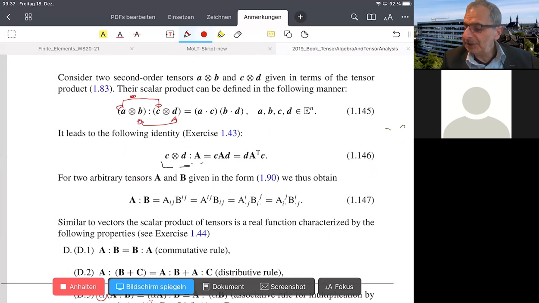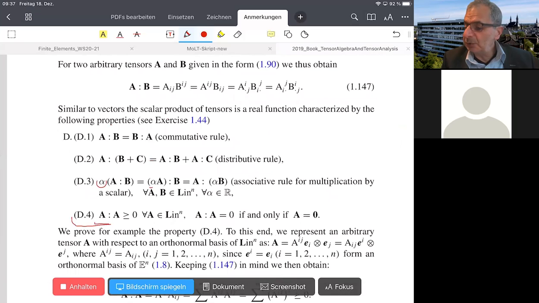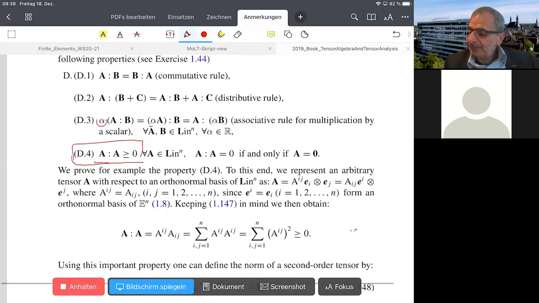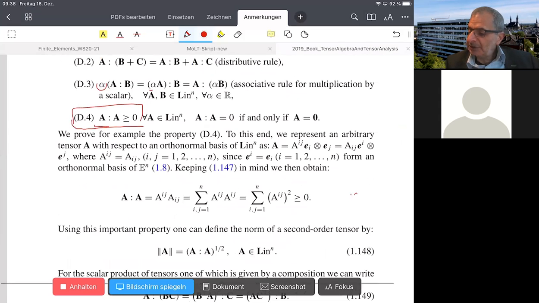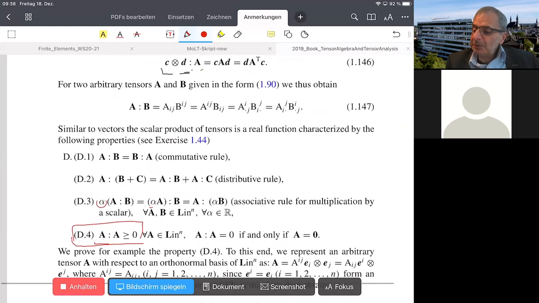Because due to this form of the definition, we get this property D4, which is very important because it guarantees that the scalar product of a tensor by itself is always non-negative, and then we can define also length or quadratic norm of a tensor, right?